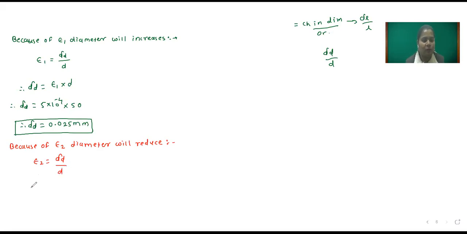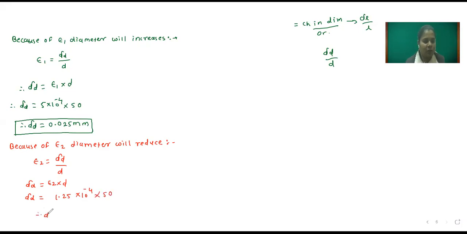So here we have to find out the change in diameter, del D, which is equal to epsilon 2 into D. So del D is equal to epsilon 2, which is minus 1.25 into 10 raised to minus 4, but we have already written here reduced, so now we will remove this minus sign. So 1.25 into 10 raised to minus 4 into the original diameter, 50.